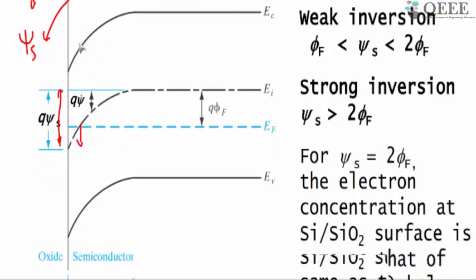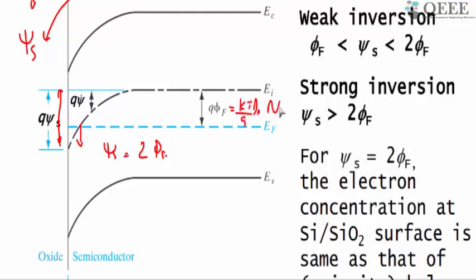Let's put some numbers. If psi s is equal to 2 phi f, you remember q phi f is nothing but kT by q ln Na by Ni, right?